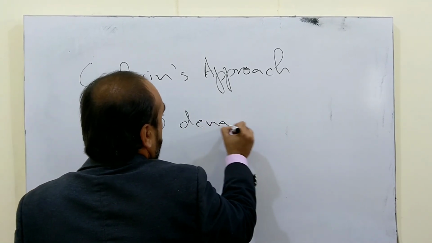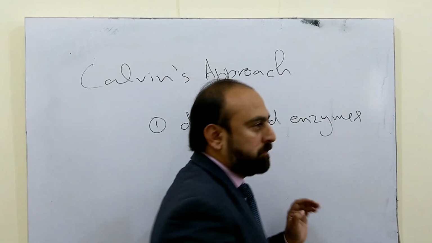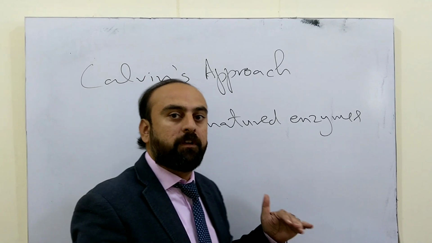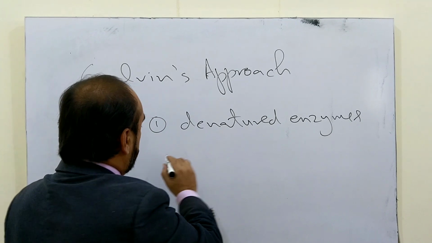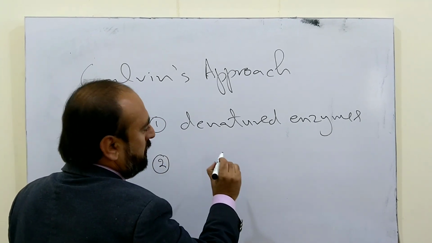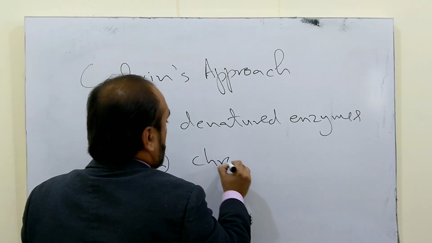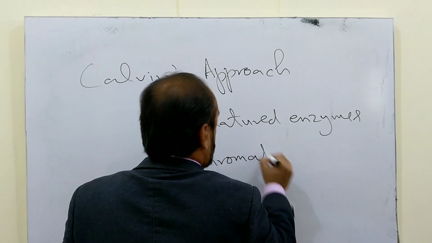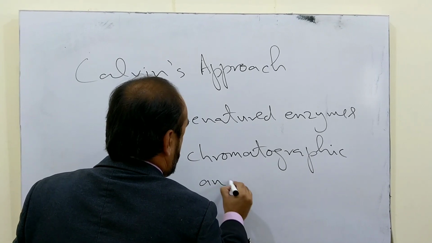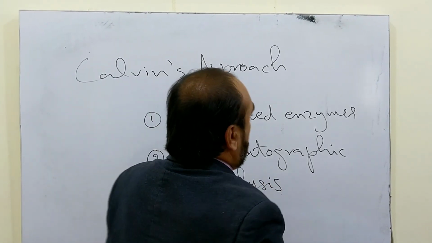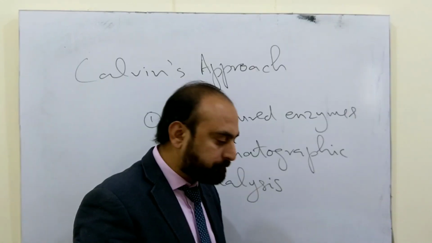It denatured enzymes, so it stopped the reaction where it was, because it was a time series reaction, and they could isolate the compounds that were formed and analyze them by paper chromatography. So this was the advantage of using boiling methanol solution.